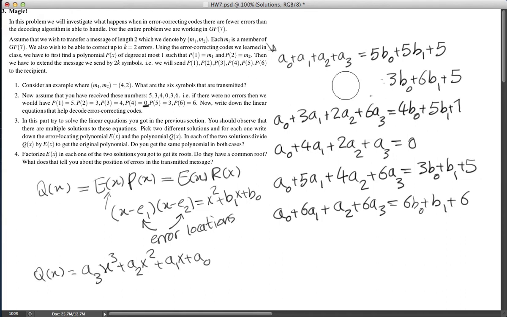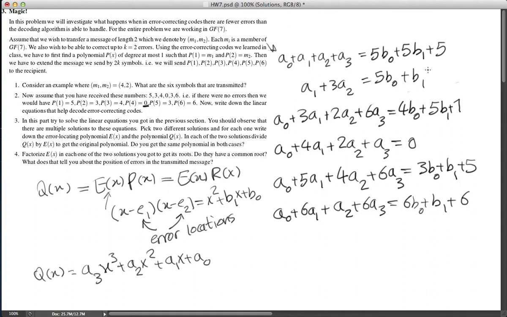So if I do that for this second equation, I'm just going to get a1 plus 3a2 plus, sorry, there is no a3 here. a3 also vanishes. This is equal to 5 times b0 plus b1, and then there is no constant term.